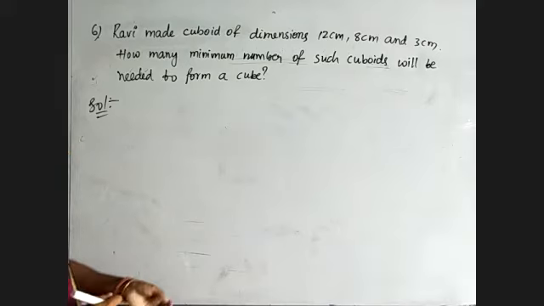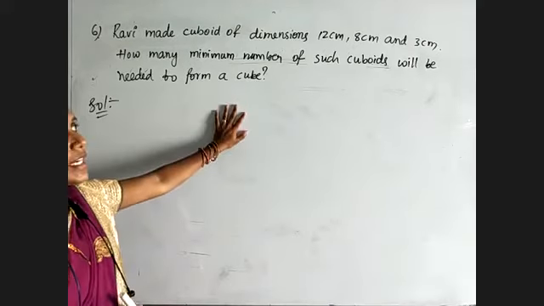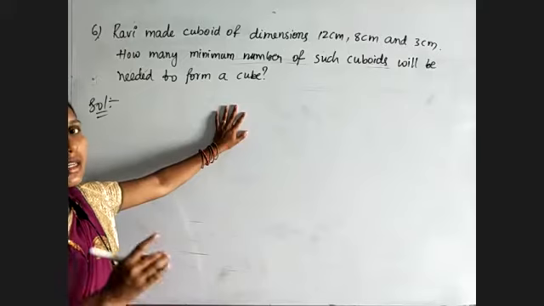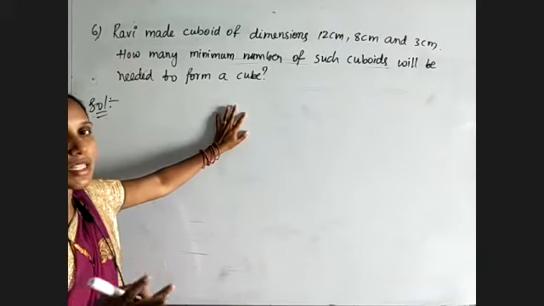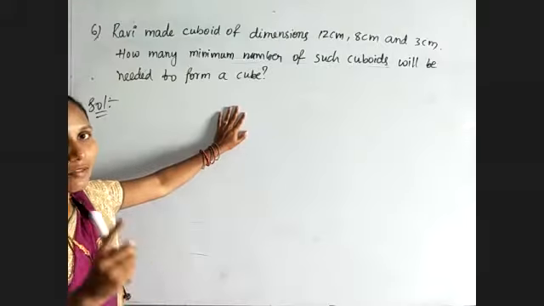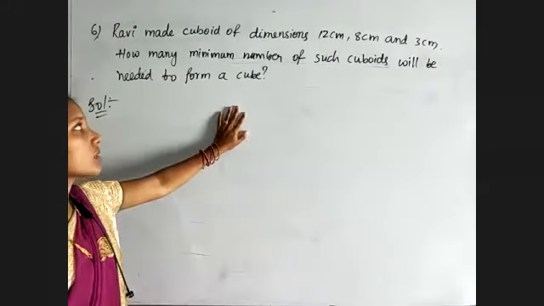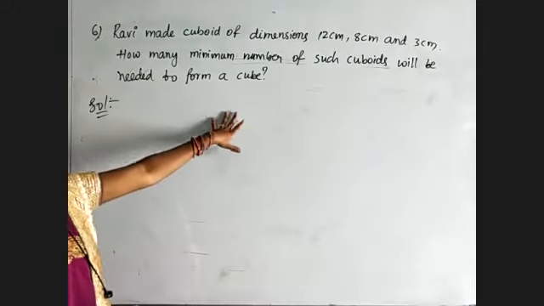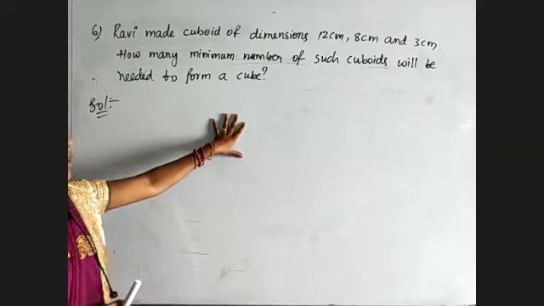Ravi made a cuboid of dimensions 12 centimeters, 8 centimeters, and 3 centimeters. The 3 dimensions of one cuboid are given. And how many minimum number of such cuboids will be needed to form a cube?